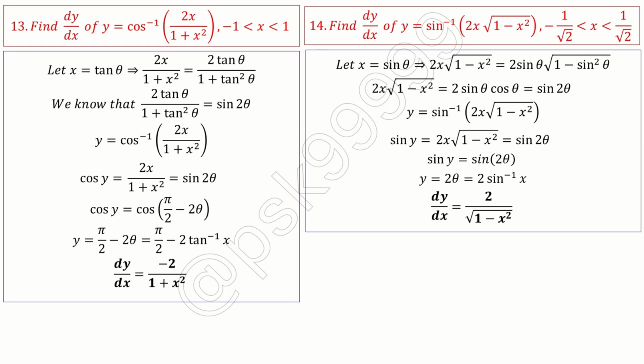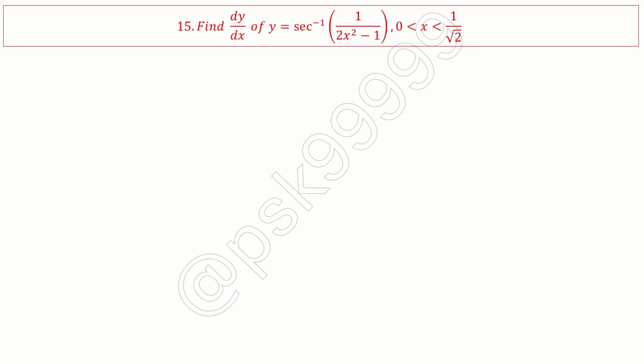Next. Y equal to secant inverse of 1 over 2x square minus 1. Now you think about what you can apply here. If x is cos theta, then 2 cos square theta minus 1 is cos 2 theta. 1 by cos 2 theta is secant 2 theta.